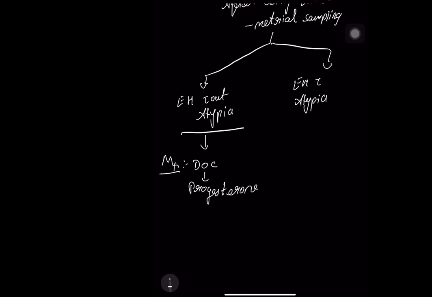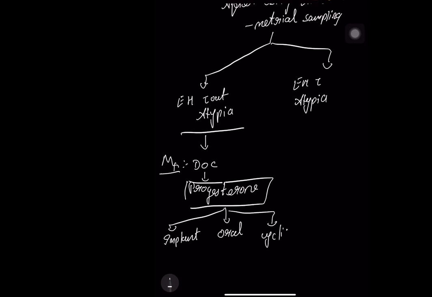How can we give this progesterone? Progesterone can be given in two ways, one by implant and secondly orally. As an implant, we can give Mirena, and orally it can be given in two ways, a continuous way or a cyclic way.